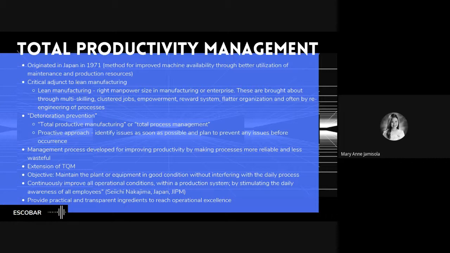Because if the operator does not even know how to conduct simple maintenance on the machines, the operator will just wait for the engineer or maintenance technician to come over, so that would be a waste of time. So TPM is a critical adjunct to lean manufacturing.